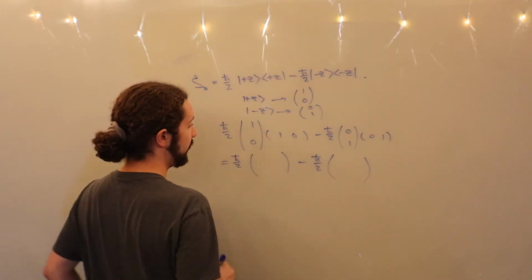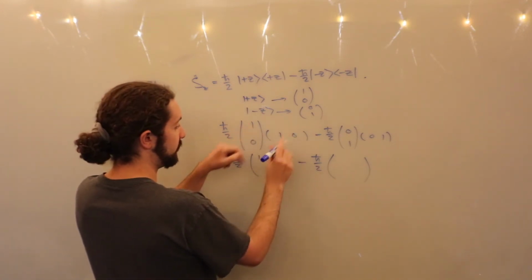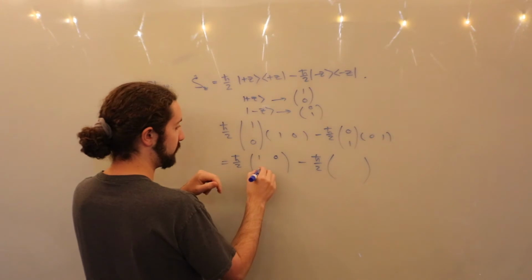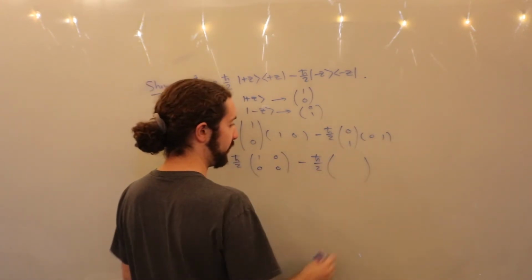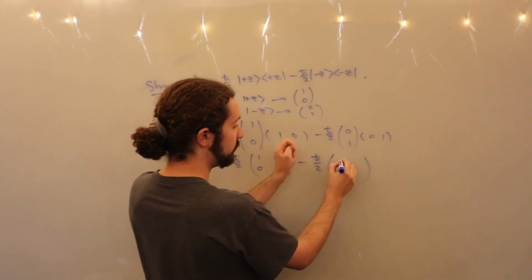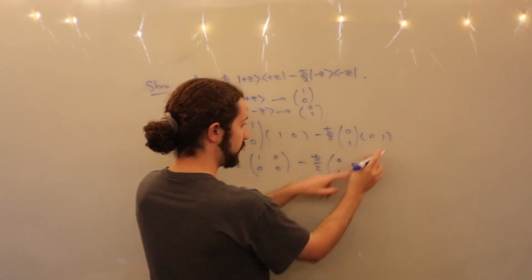It's just going to be that product. 1 times 1 is 1, 1 times 0 is 0, 0 times 1 is 0, and 0 times 0 is 0. Similarly over here, we're going to have 0, 0, 0, and 1.